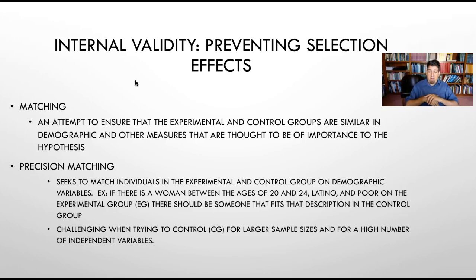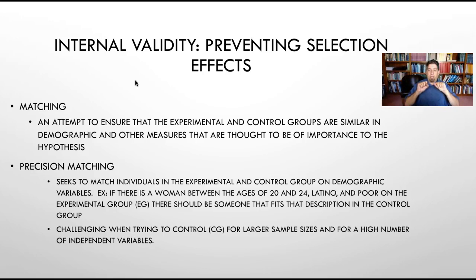The problem is that even with a very large sample, it can be difficult to find the right number of 23-year-old African-American females and the right number of 26-year-old Latino males, for example.